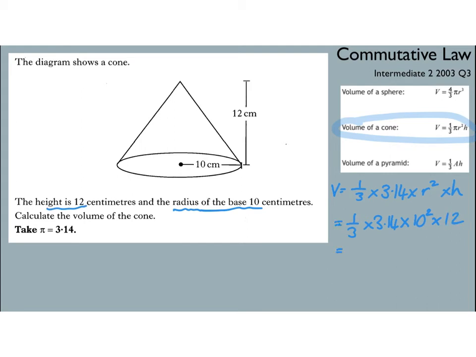Right, apply BODMAS. Apply BODMAS by doing 10 squared before you do any of your multiplying. 1/3, 3.14, 10 squared, 10 times 10. It's not 10 times 2, it's 10 times 10.